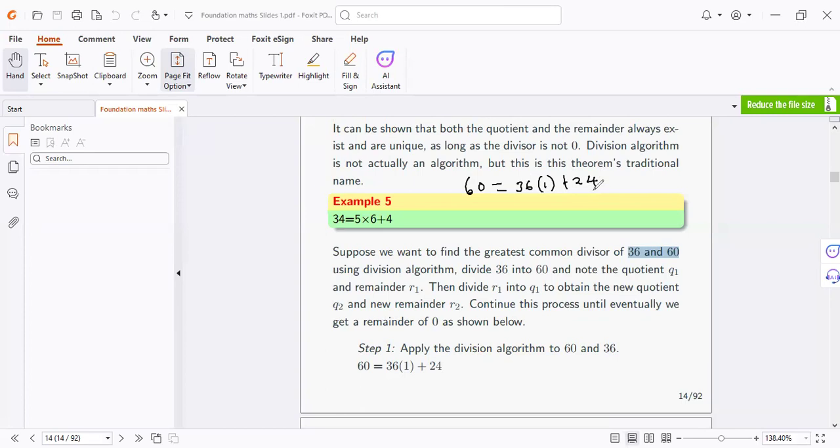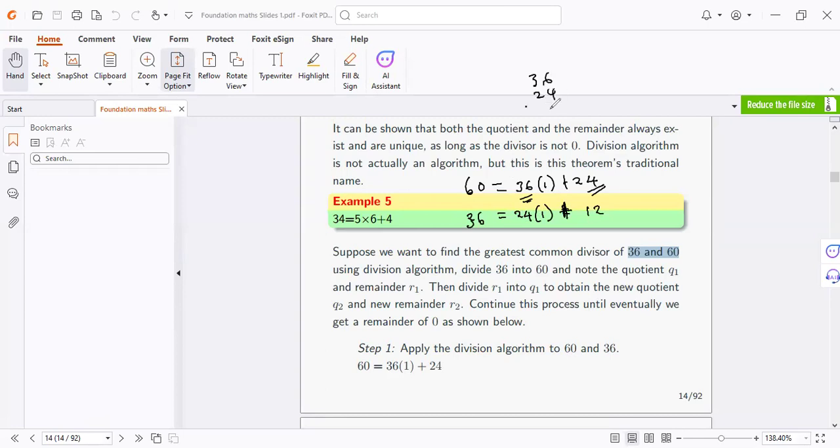Next, I divide this remainder into 36. How many times does 24 go into 36? It also goes there once. When you subtract this, what will be the remainder? Let me see, 36 minus 24 is 12. Yes.